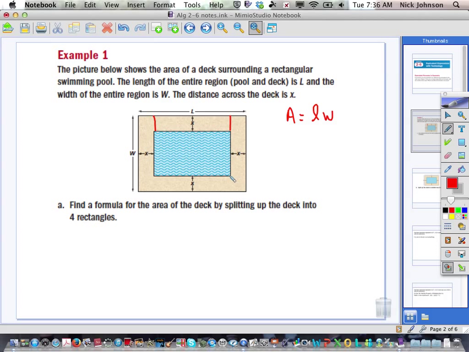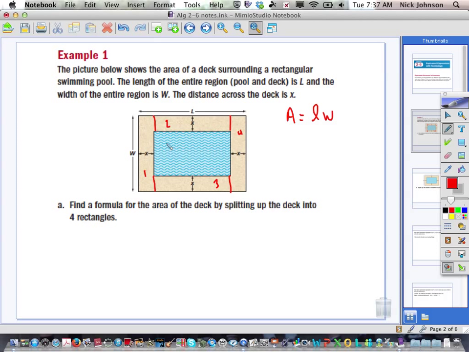If I draw a line here and here, just like I did above, I now have 1, 2, 3, 4 rectangles. So what I want to do is find a formula for the area of the deck, which means I do not want to include this area right here, my water, correct?